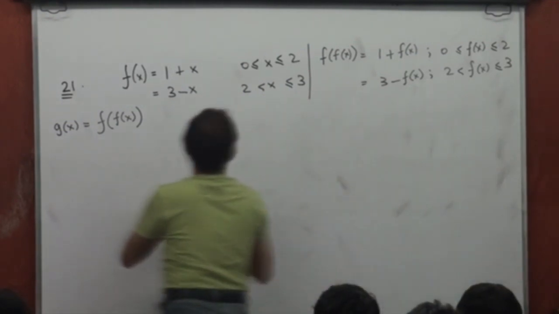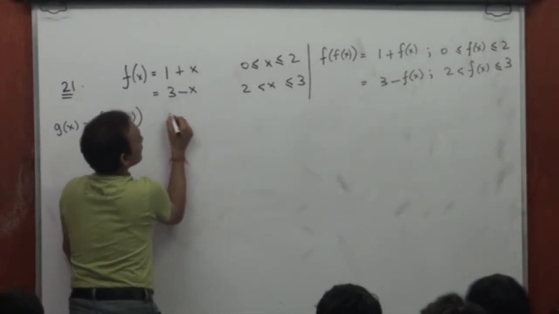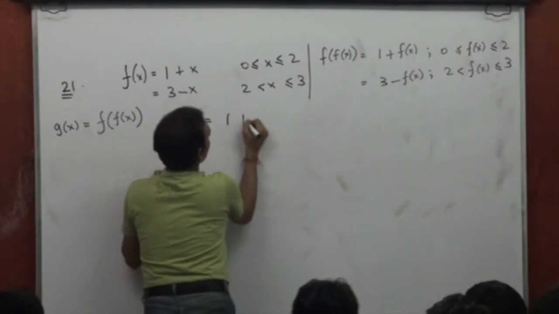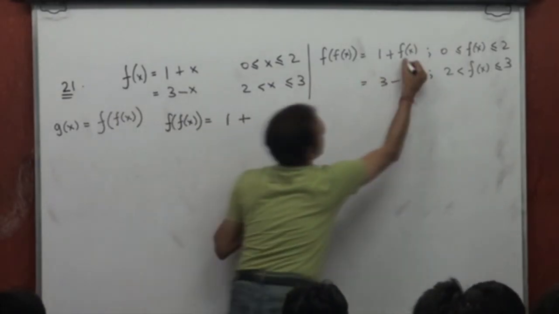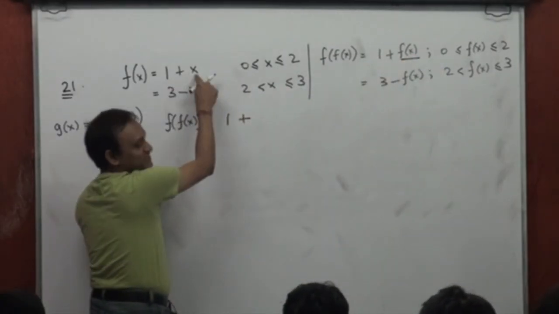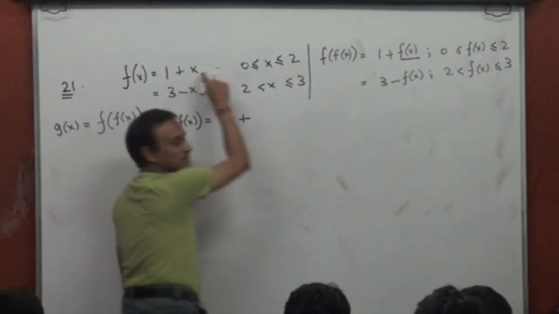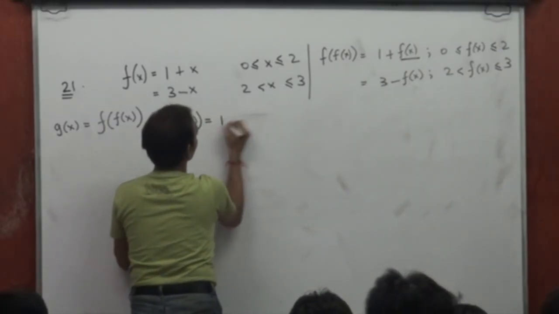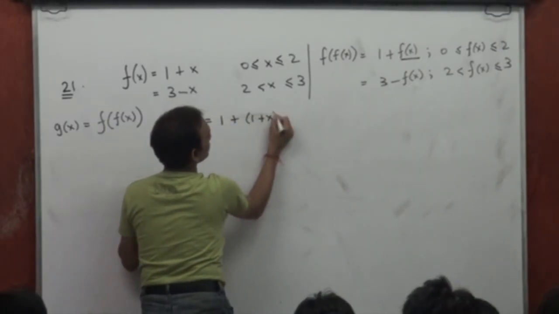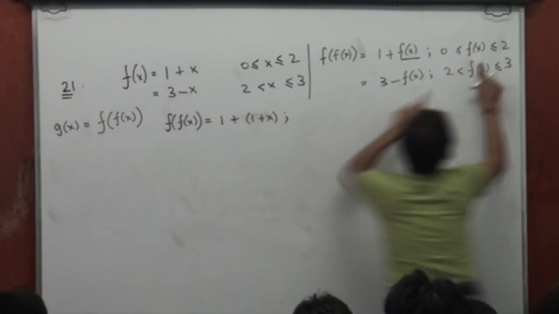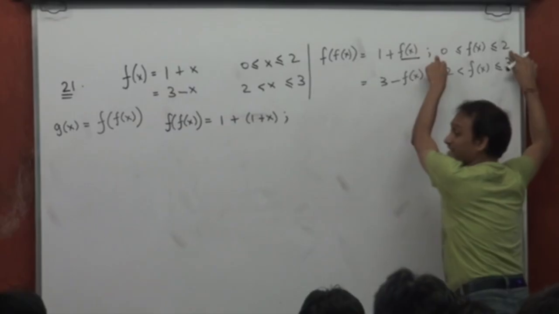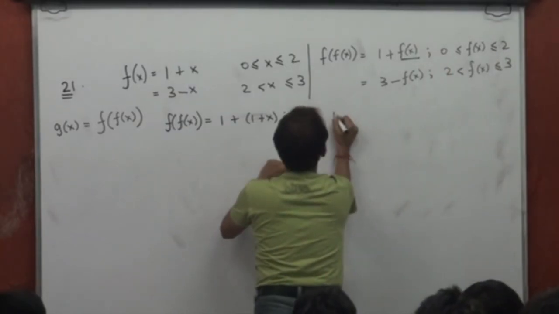So f(f(x)) is 1 plus f(x). So case 1, where I take f(x) as 1 plus x: when f(x) is 1 plus x, in any case 1 plus x must lie between 0 and 2.